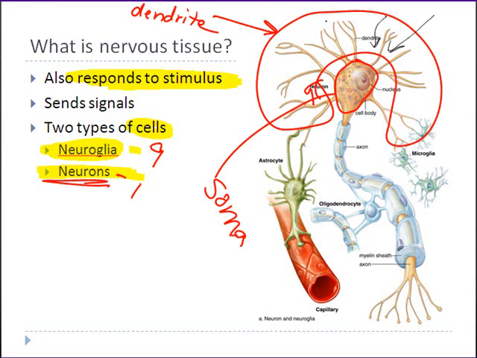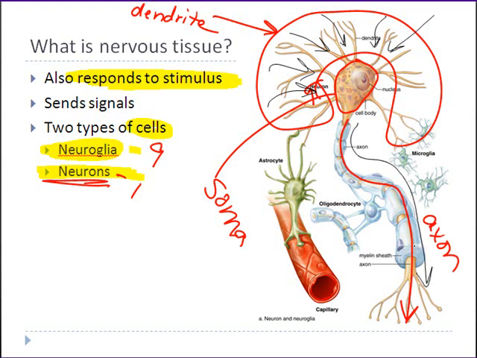Signals and information from the environment or from neighboring neurons comes in along the dendrites towards the cell body or the soma. And then when an outgoing signal is deemed necessary by the neuron, that outgoing signal travels along a very long single branch projection, which is called the axon. This is the way information heads out of the neuron and onto either another neuron or maybe a muscle cell or a gland, whatever it might be.